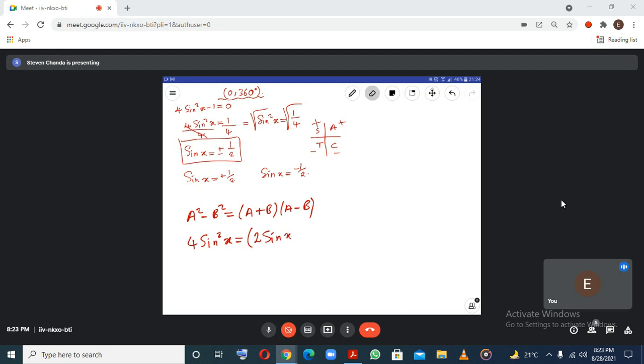Oh, sorry, I've made a mistake. I left a negative 1 here. So square root of 4 is what? Is 2. Then square root of sine squared is going to be sine x. Then here we put a positive. Then here, of course, for a difference of two squares, we are going to put a minus.